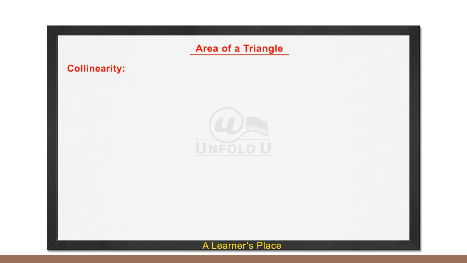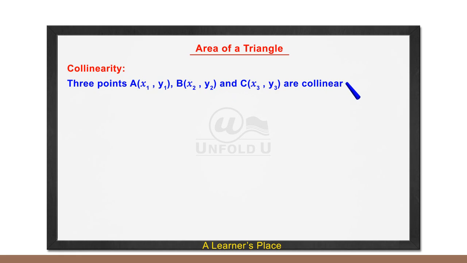Collinearity. 3 points A (x1, y1), B (x2, y2), and C (x3, y3) are collinear if and only if area of triangle ABC is equal to 0.